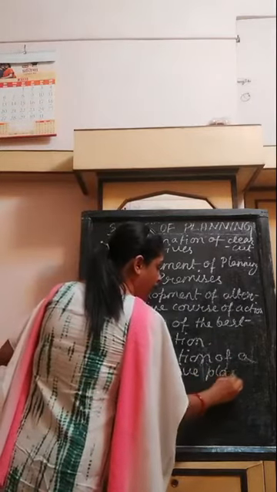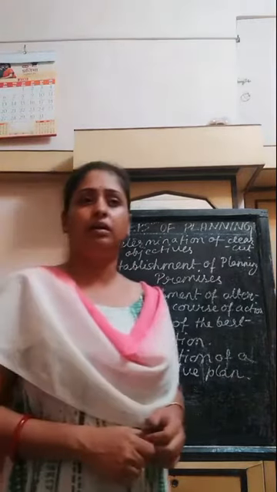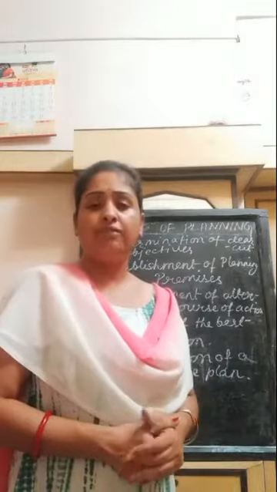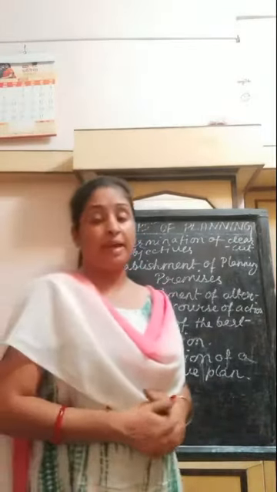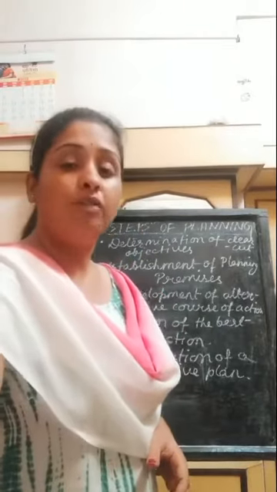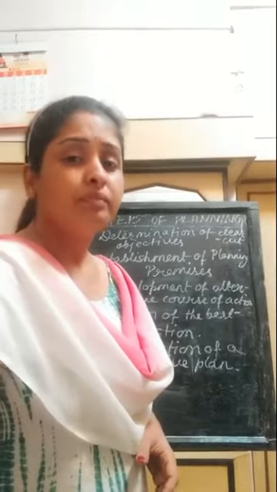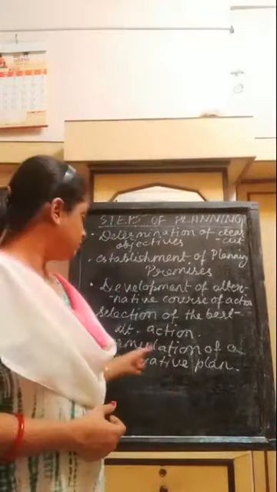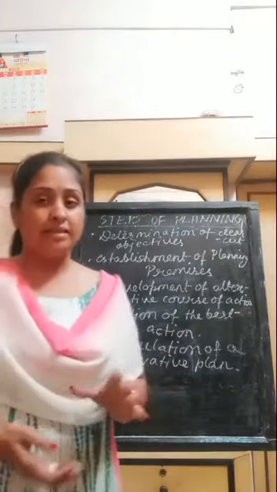Now, a derivative plan means a secondary plan, an optional plan, or a plan B, we can say. These derivative plans always support the basic plan, the main plan. So there should be a formulation of this derivative plan to support the main plan of action. This is very essential.